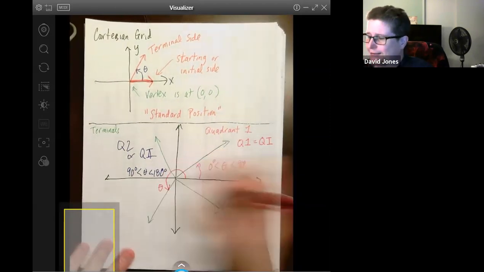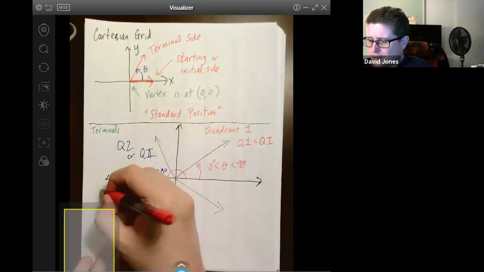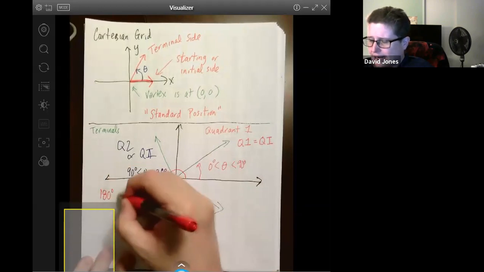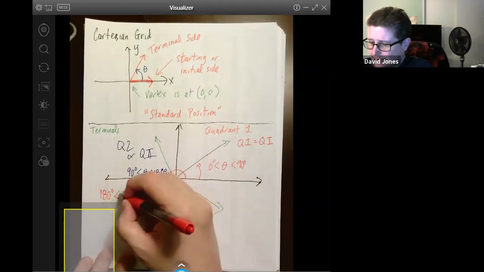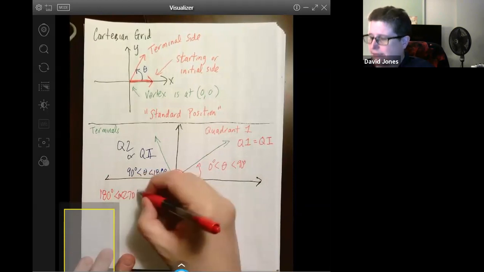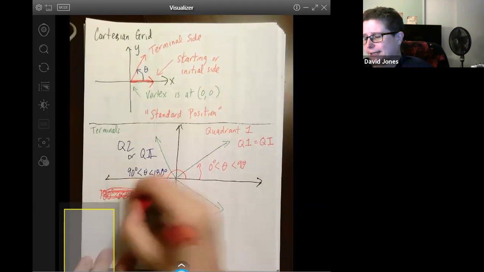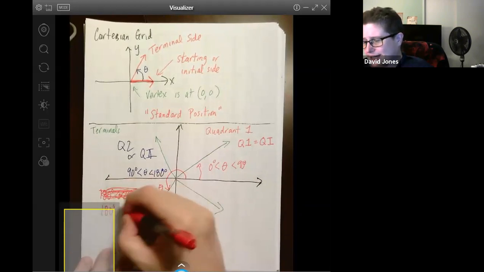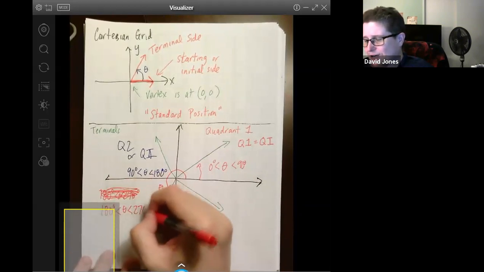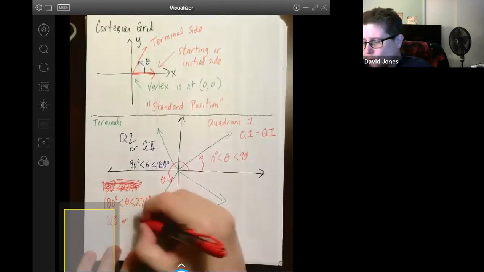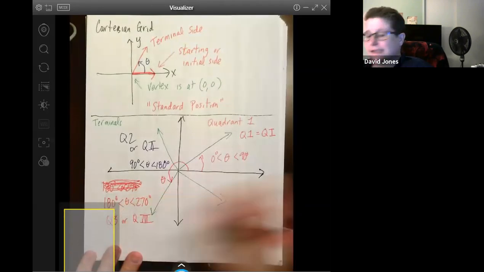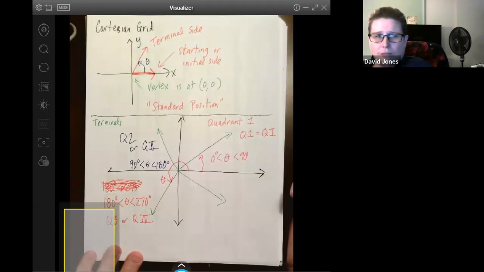Theta is between 180 degrees and 270 degrees. That looks bad, let me rewrite that. 180 degrees less than theta, less than 270 degrees. This, of course, is quadrant 3, or Q triple I. They tend to write it with one bar on top, not 3 different I's.